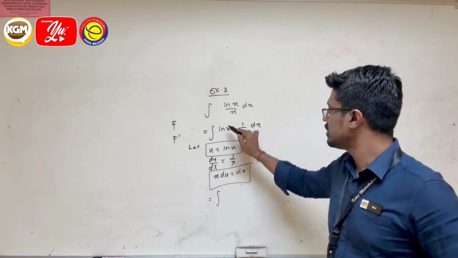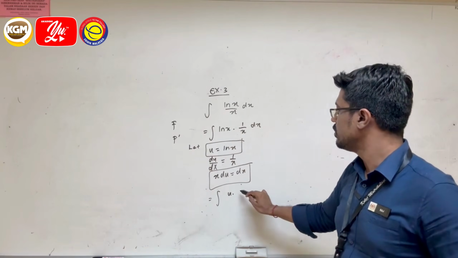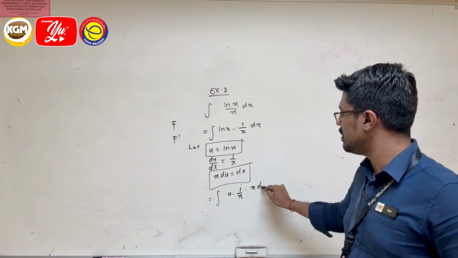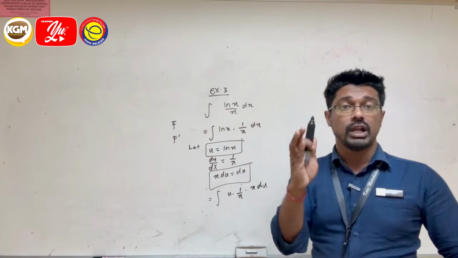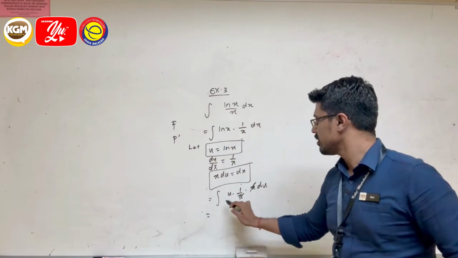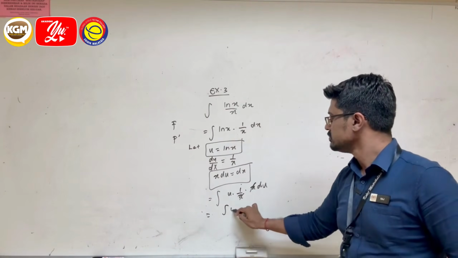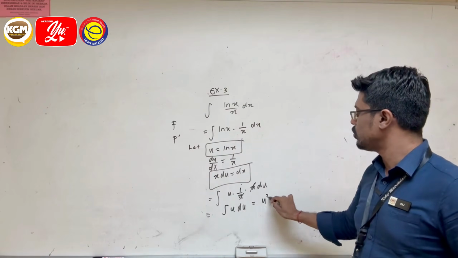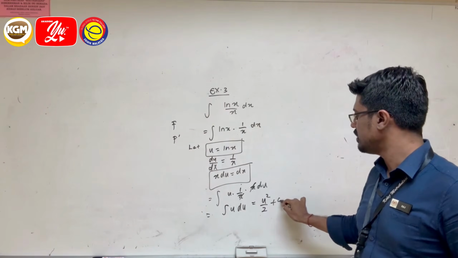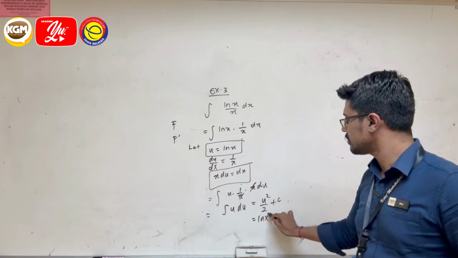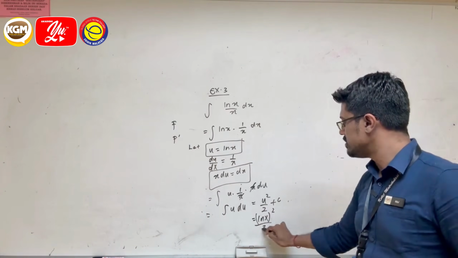So now this will become u. 1 over x I leave. My dx is x du. Fairly straightforward. You will see the cancellation, leaving just u. So I need to integrate u with respect to u. It's going to be u square over 2 plus c. And my u, I recall, is just going to be ln x. Simple, isn't it?